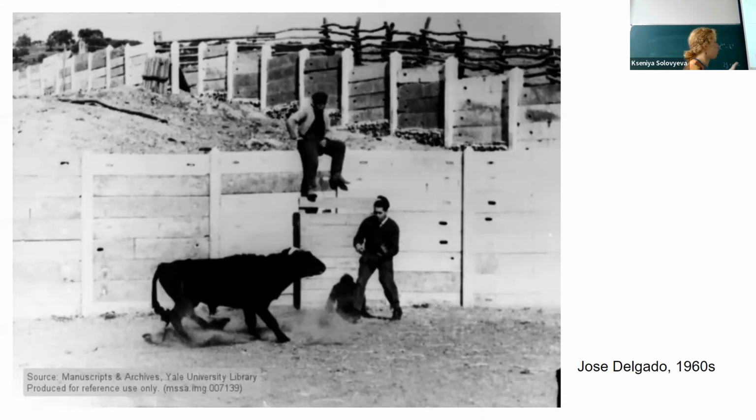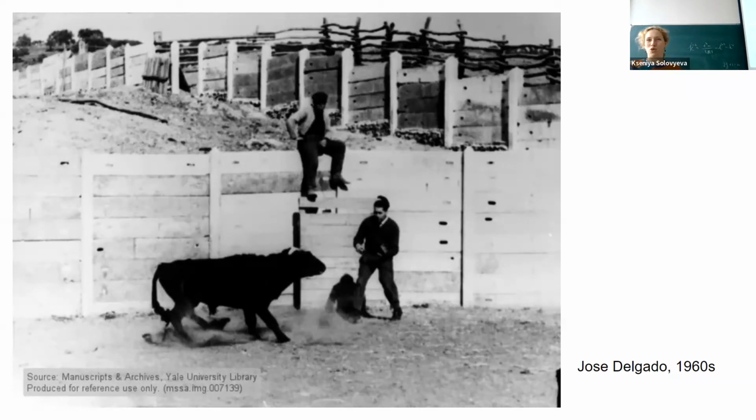On this picture, this is a real photo of José Delgado. He was a neuroscientist in the 60s, and he lived in Spain. As you guessed, José. And you know, in Spain there is the very famous corrida, and he implanted some special wireless electrodes in the brain of this bull.